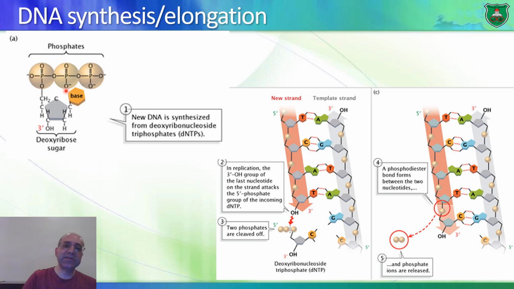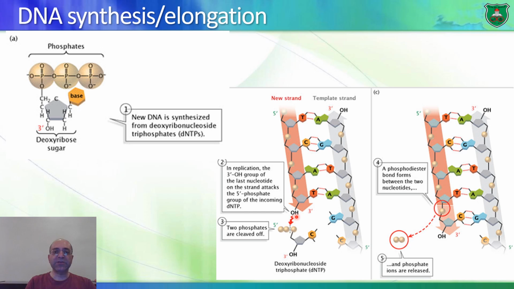So whenever DNA is synthesized, the phosphate attaches to the hydroxyl group at the 3' end. So this is the 3' end. You remember that, okay? So you have phosphodiester bond formation between carbon number 3 and carbon number 5 in the incoming nucleotide.